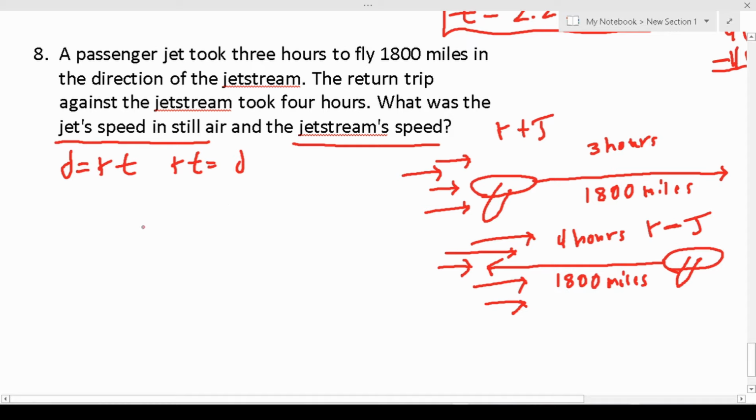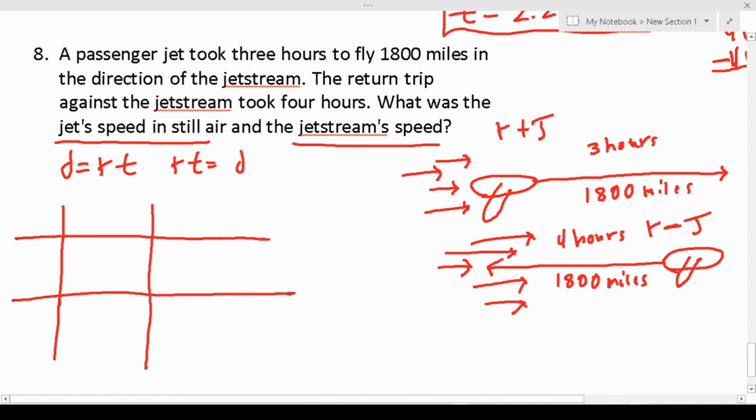And as I did above, I'm going to use a chart to organize my work, since we have two scenarios going on here, and that can be a lot to keep track of. So let's go ahead and make a little chart. As I said, we're going to call this one R, T, and D right here. Let's make this top row be with the jet stream, and this bottom row is going to be against the jet stream.